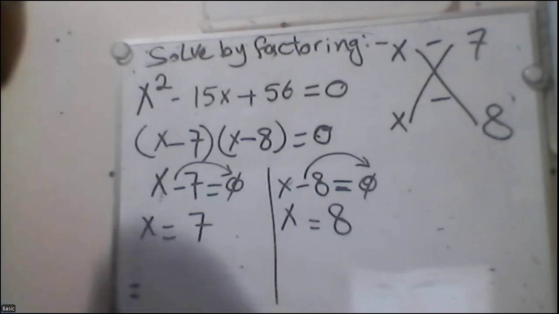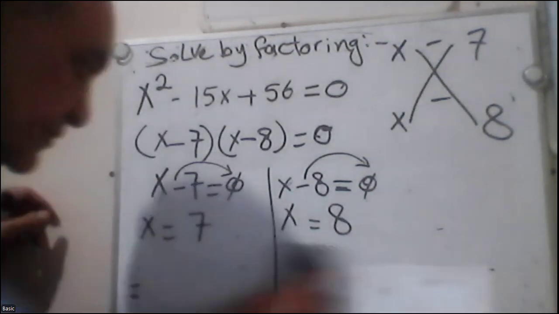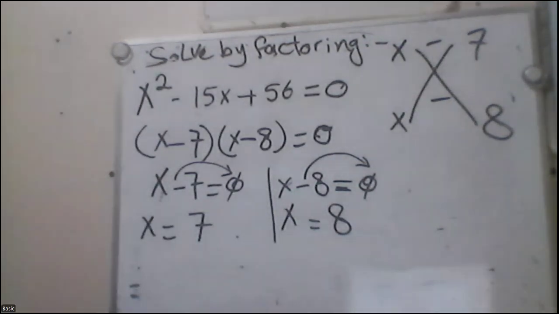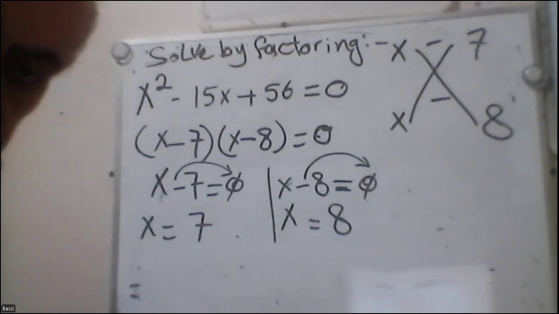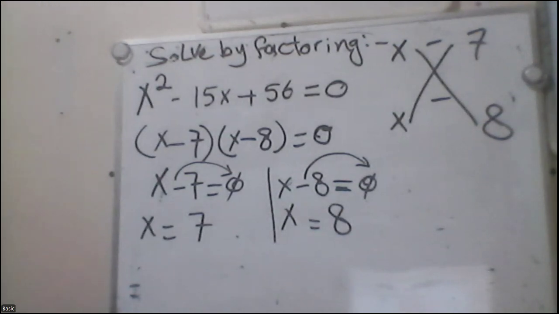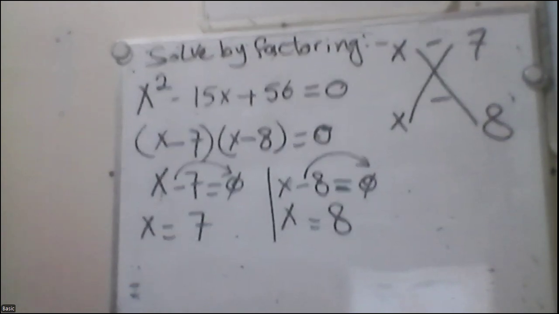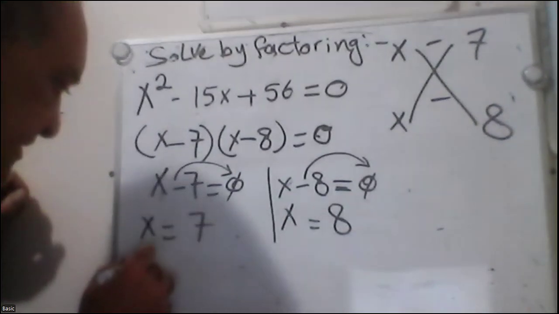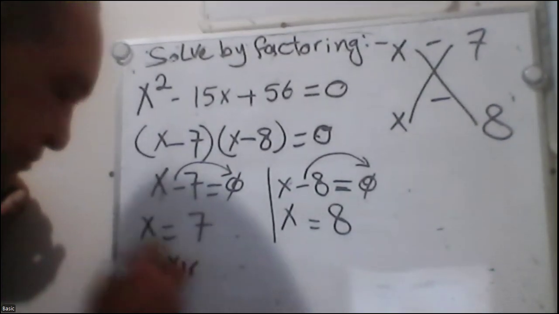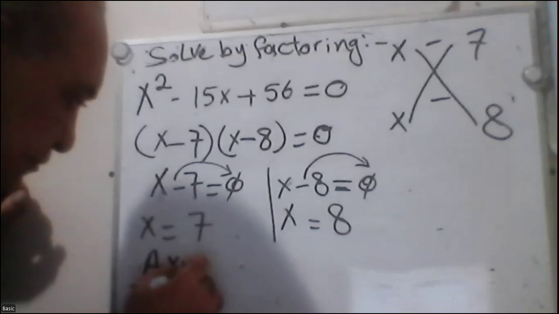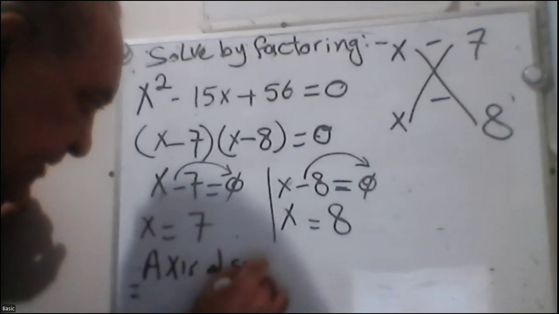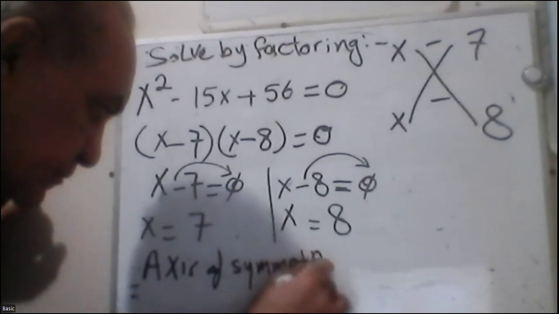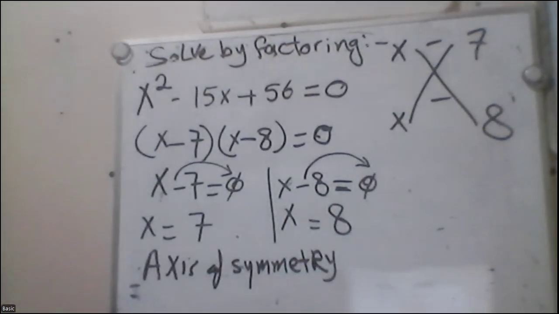If I want to get the axis of symmetry for this example, let me just take it down like this so you guys can see it.